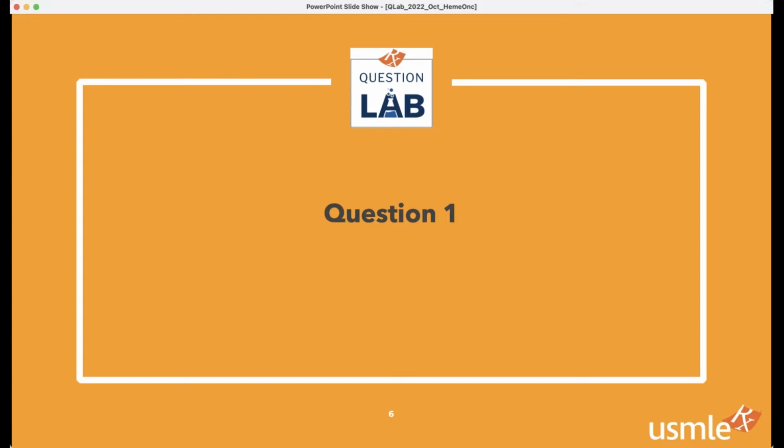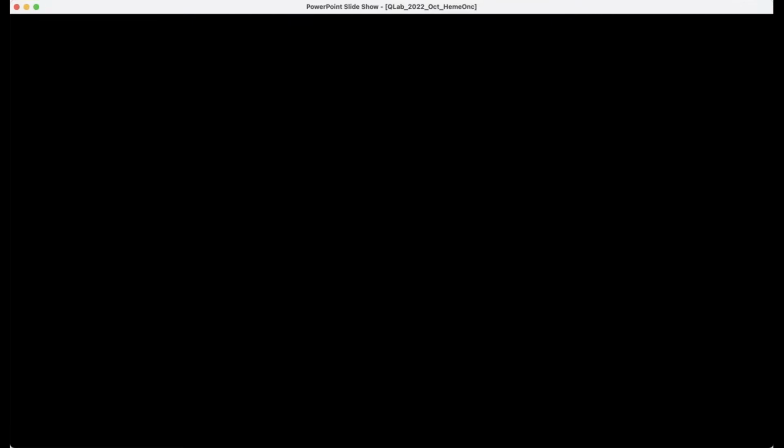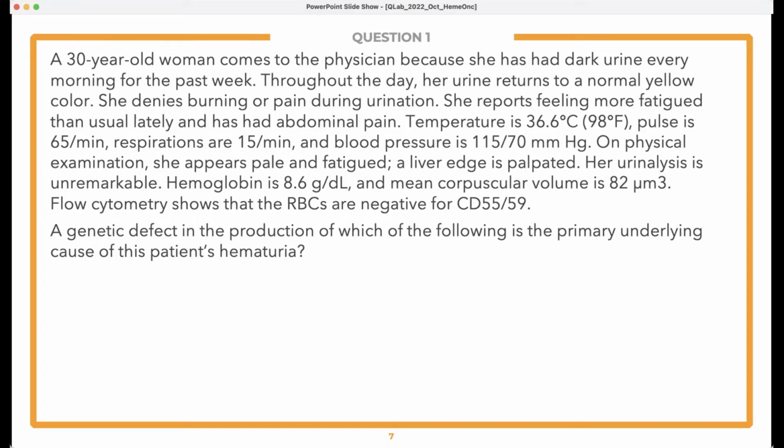If you are new to Question Lab, you'll notice one thing that's a little bit different. There are no answer choices, and that is by design. We intentionally cover up those answer choices, and that's what we recommend that you do on test day as you go through these. The main reason is that it allows you to focus.